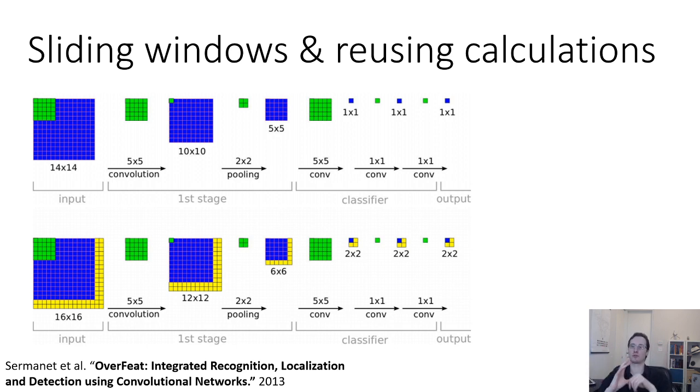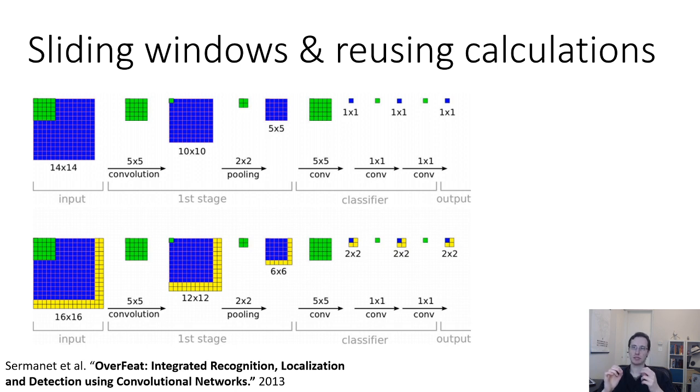Now here there's a lot more overlap than in my little simplistic diagram, but the idea is exactly the same: you just turn those fully connected layers at the top into 1 by 1 convolutions. And that allows you to produce a class label at every position.